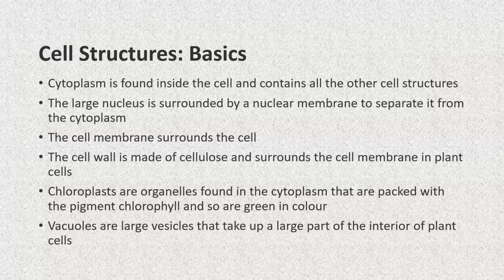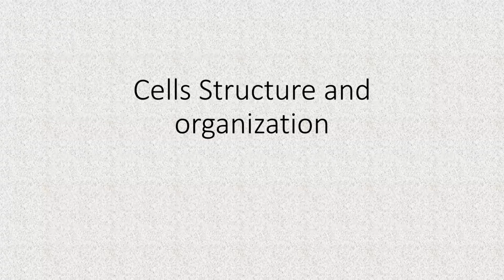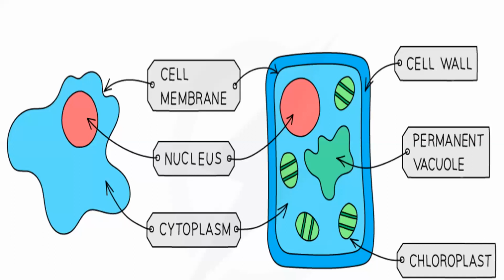Chloroplasts are organelles found in the cytoplasm that are packed with the pigment chlorophyll and so are green in color. As you know, plants use chlorophyll for their food, for their nutrition, plant nutrition. Where is the chlorophyll stored?